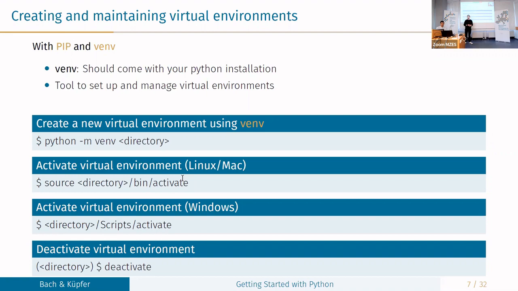You can get rid of the source and just call the directory and then Scripts activate. And you will then be within this new environment. And you will see in your terminal window that in front of the $, you will now see the name of the virtual environment. So what is here directory would then be, say, my new virtual environment.